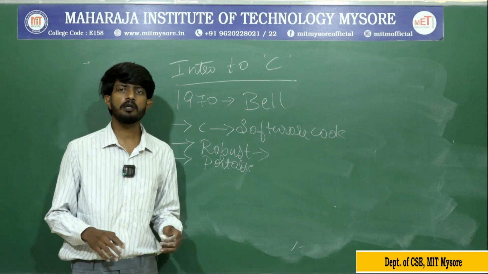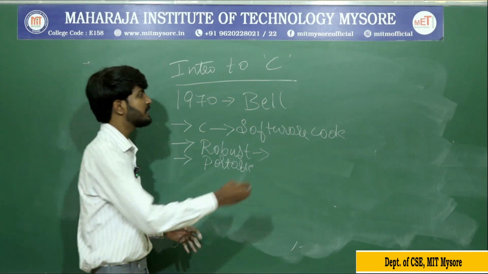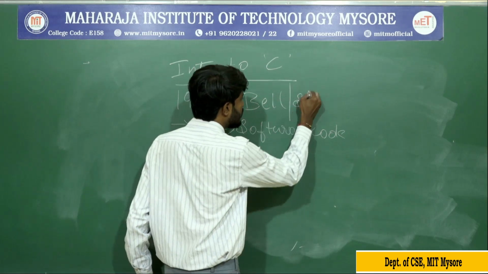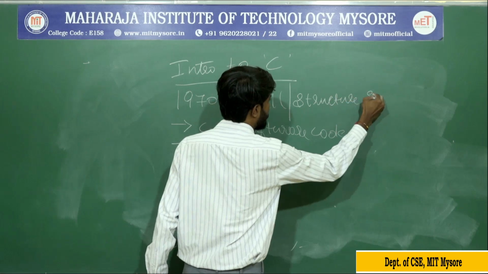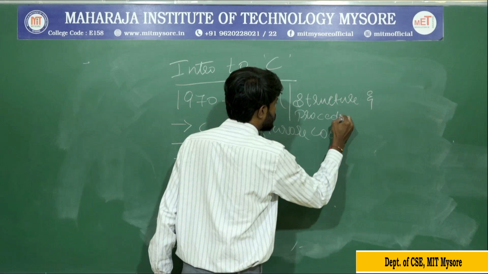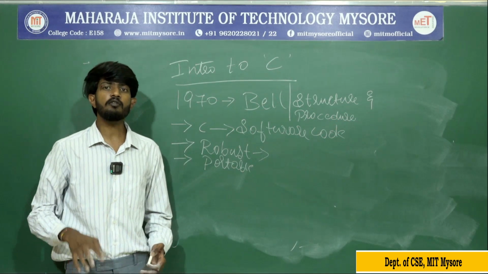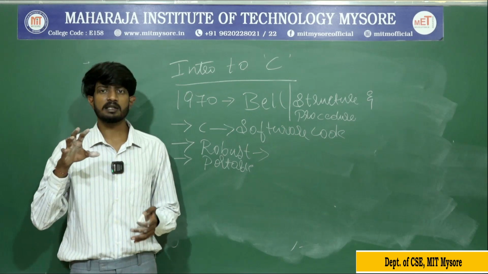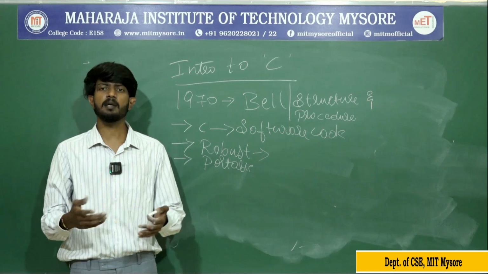Then we are going to learn about the structure. C is also structured and procedure oriented. Structure and procedure oriented means you need to follow the basic structure of C to write any program.